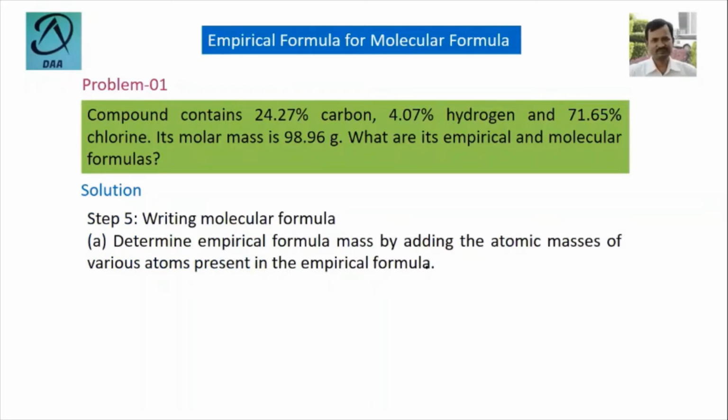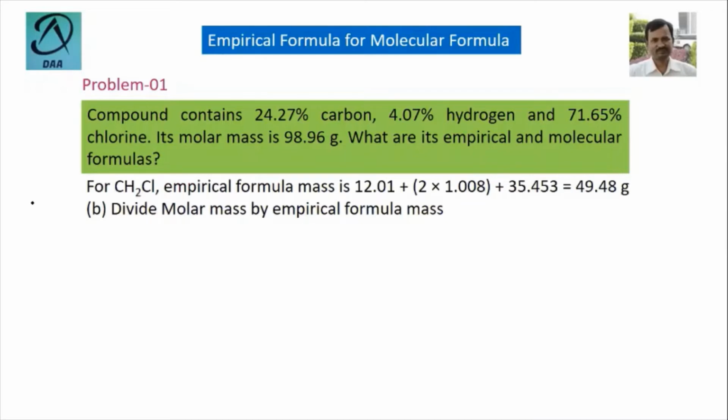For CH2Cl, the empirical formula mass is 12.01 plus 2 multiplied by 1.008, plus 35.453 for Cl. If you sum it up, it comes to 49.48 grams.